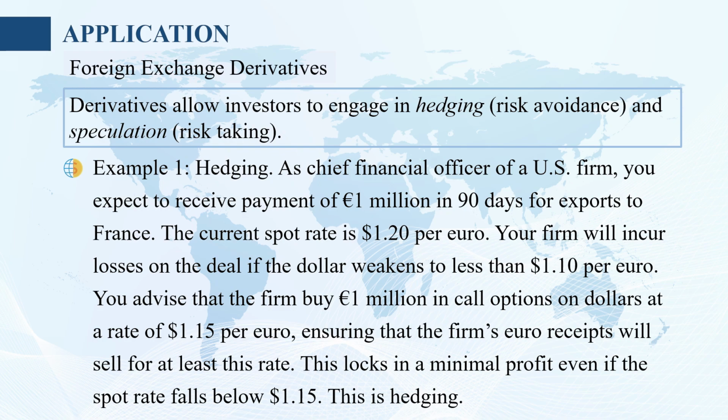You advise that the firm buy €1 million in put options on euros at a rate of $1.15 per euro, ensuring that the firm's euro receipts will sell for at least this rate. This locks in a minimal profit even if the spot rate falls below $1.15 per euro. This is hedging.